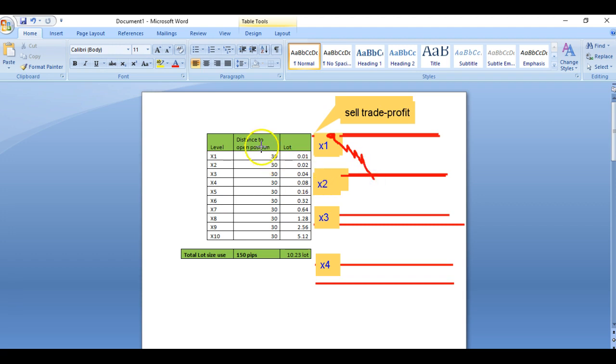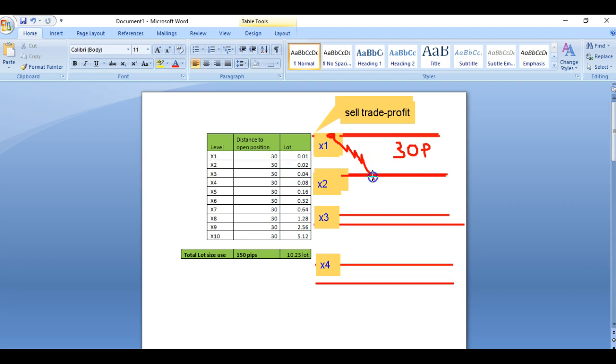Remember that your distance position, we put it maybe 30 pips. So on this particular setting, your next trade should be higher. There's a calculation why we put it higher. Okay, so this is 30 pips.